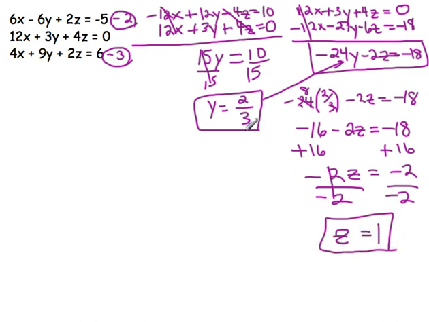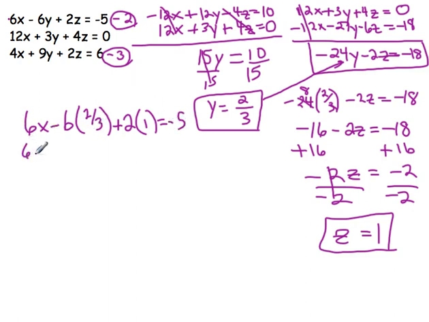Now I have a y and a z. All I need to do is go back to one of my originals and plug it in. And I'm going to plug it into, I'm going to do the first equation. So I end up with, let's see, we don't know what x is yet, so it'll be 6x minus 6 times 2/3 plus 2 times 1 equals negative 5.